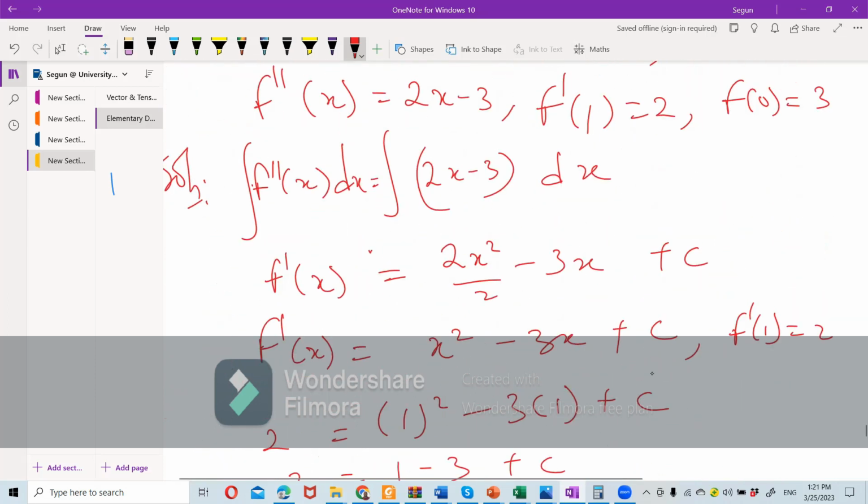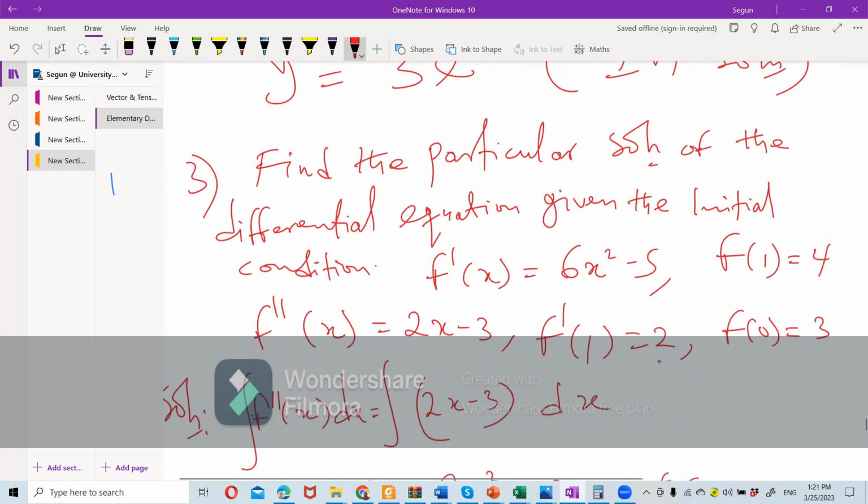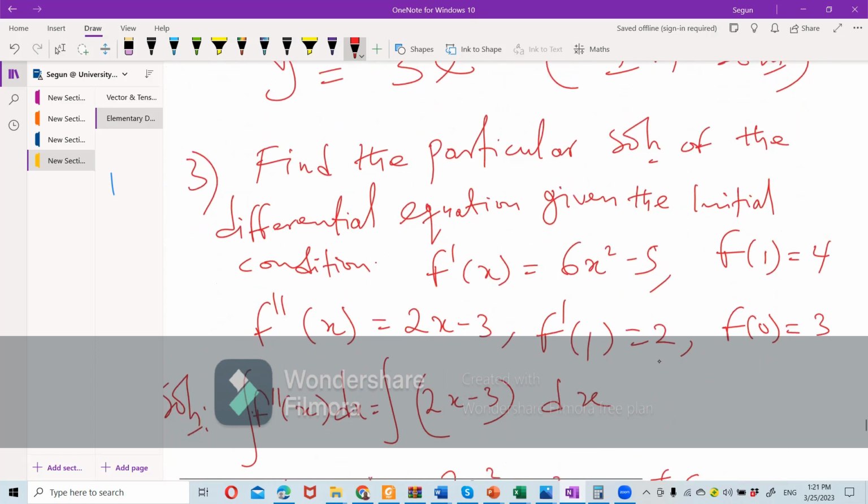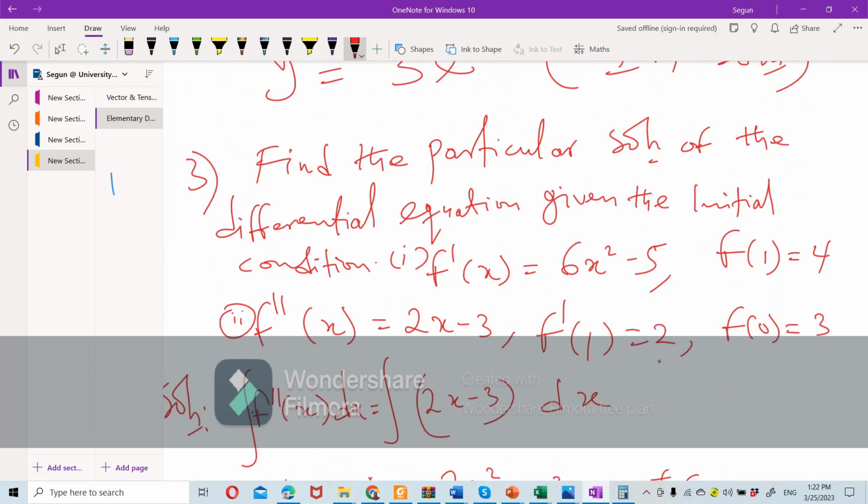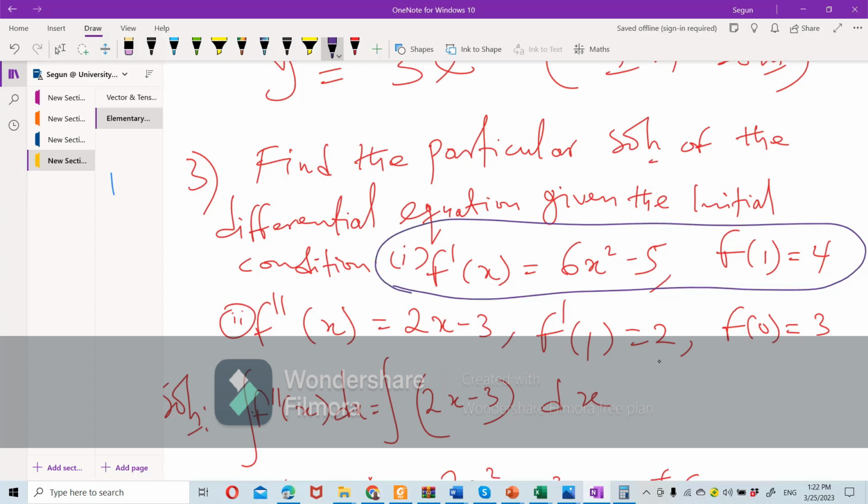Remember, we used c up. Yes, sir. Can we solve this one now? Can we solve it separately? Everybody, solve this one. Let's see what you get.